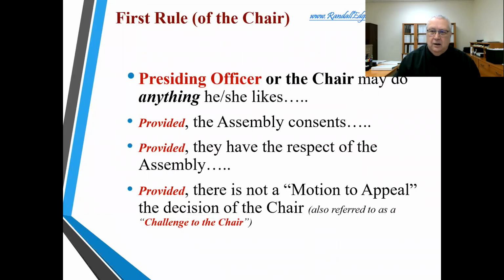Now let's just start off with a few basics. The presiding officer. And what is the symbol of the presiding officer? It is the gavel. Now, what is the gavel all about? Simply put, it is a way of garnering attention, having all eyes focused on the presiding officer.